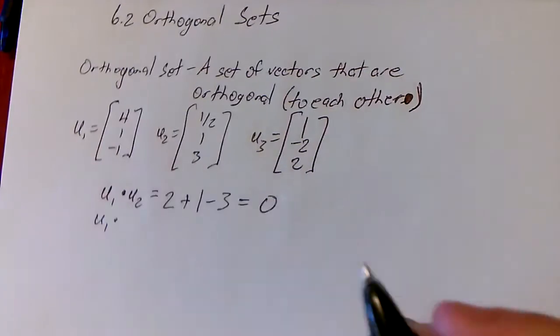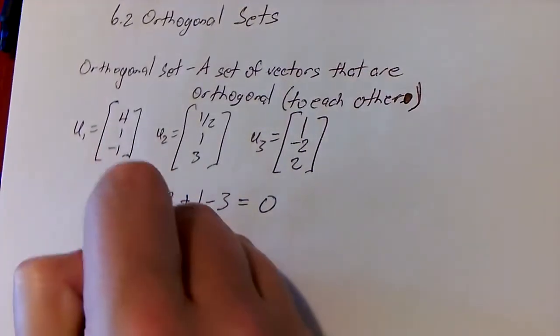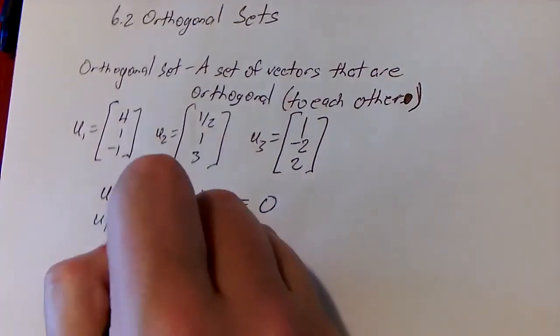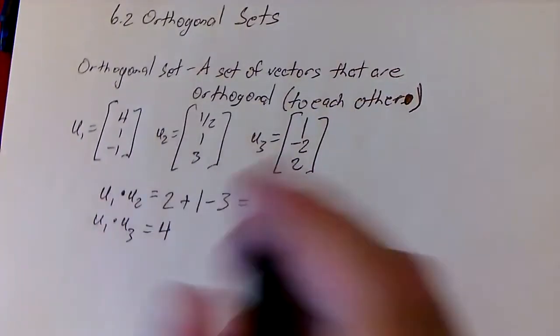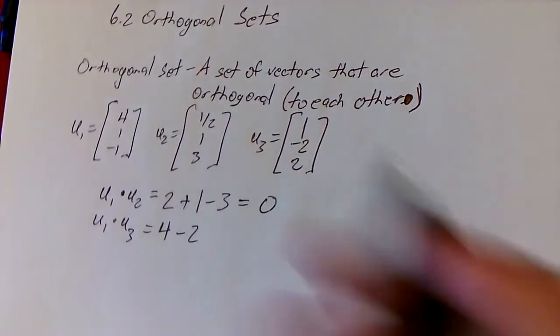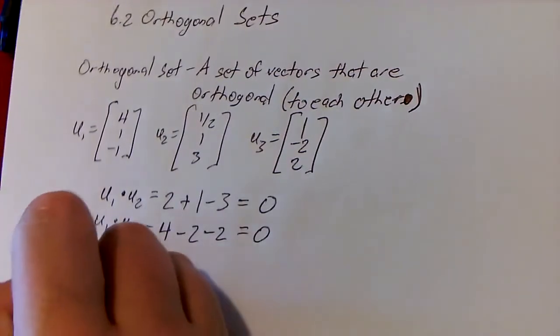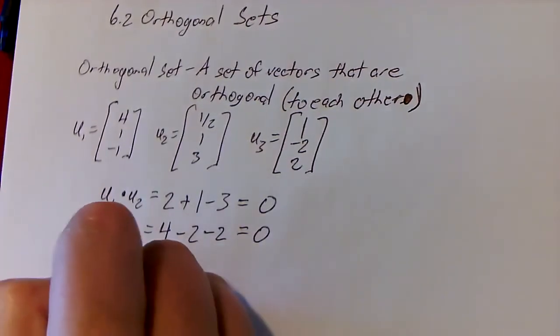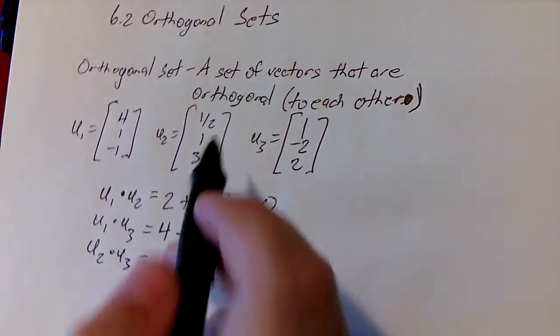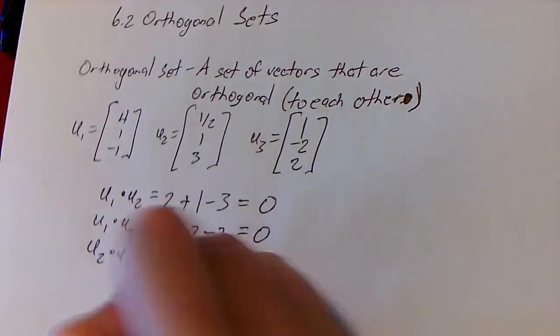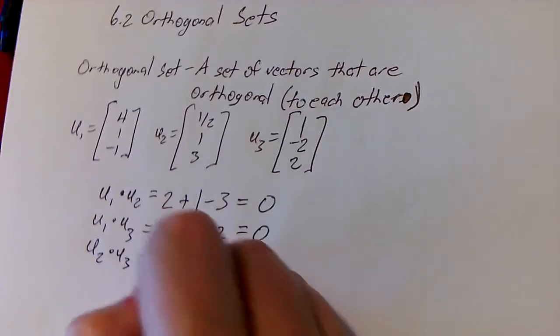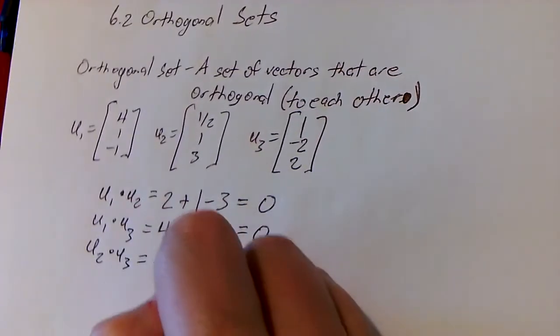Let's do U1 dot U3. So 4 times 1 is 4, 1 times negative 2 is negative 2, negative 1 times 2 is negative 2. 4 minus 2 minus 2 is 0, so that's good. And then U2 dot U3: 1/2 times 1 is 1/2, 1 times negative 2 is negative 2, and 3 times 2 is 6.